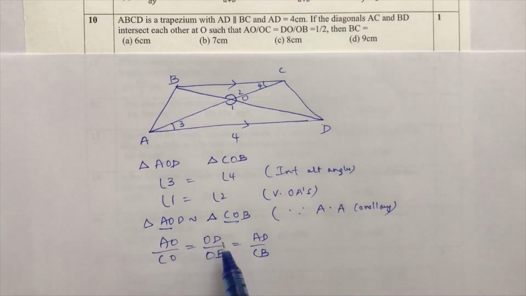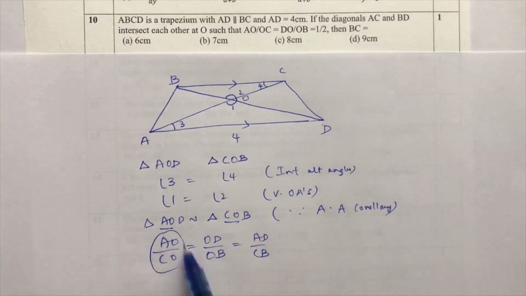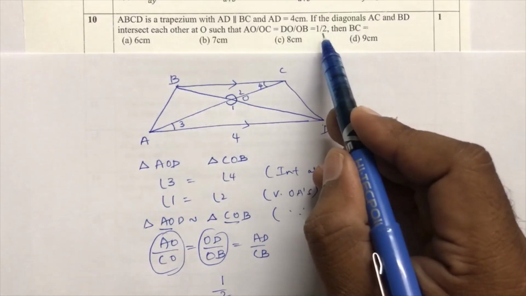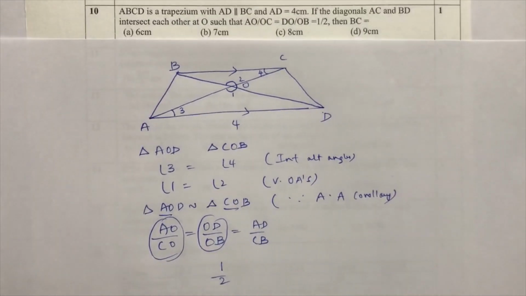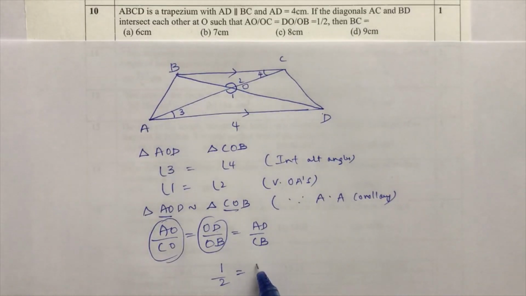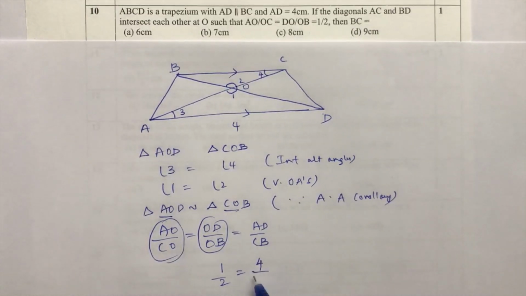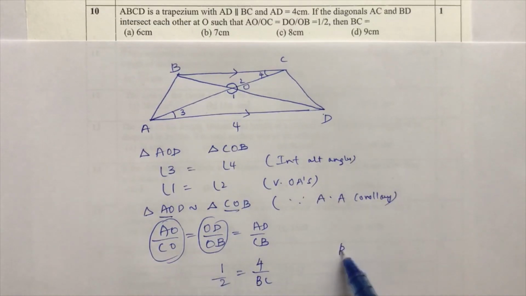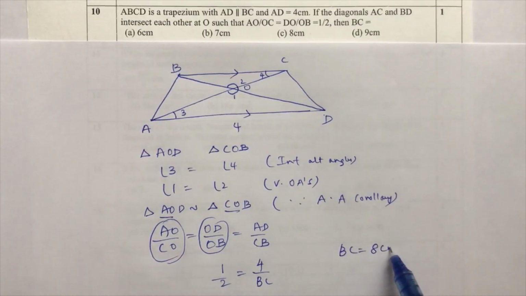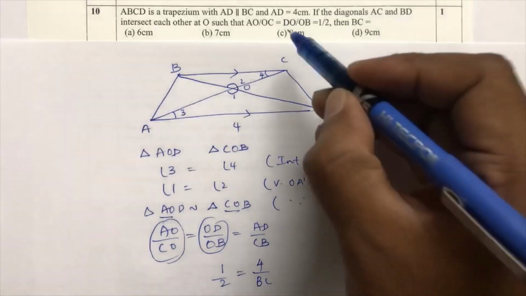AO by OC is given as 1 by 2 in the question. So 1 by 2 equals AD, which is 4, over BC. We need to find BC. Cross multiply: BC is 8 centimeters. So the correct option is C.